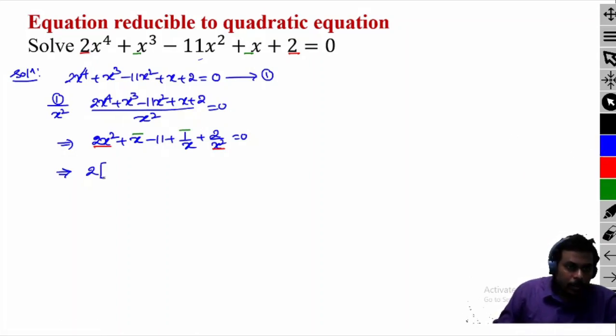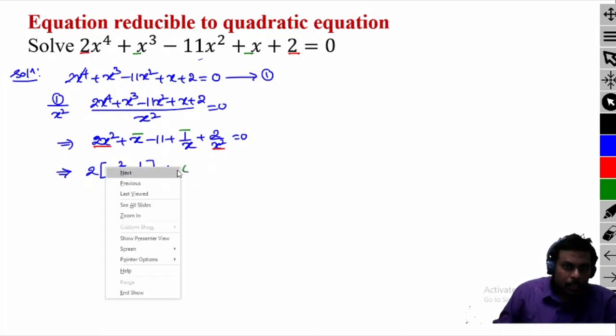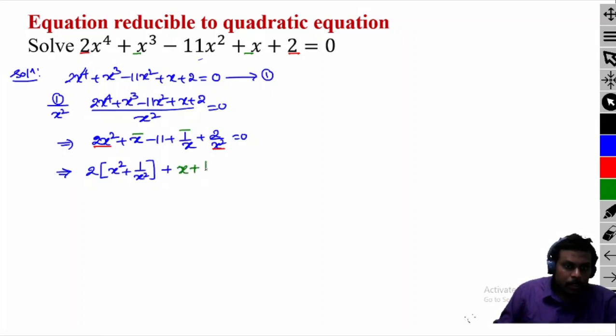If I take 2 common, this is going to be x square plus 1 by x square, plus x plus 1 by x, minus 11 is equal to 0.